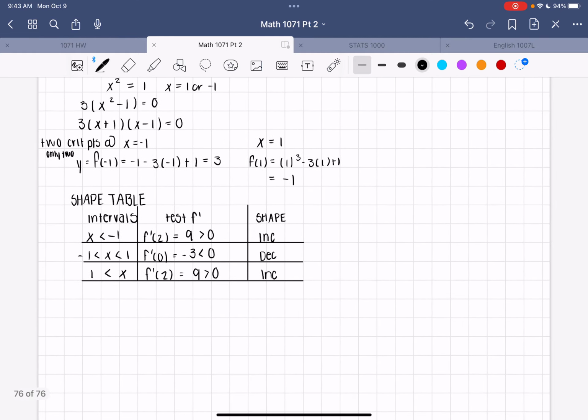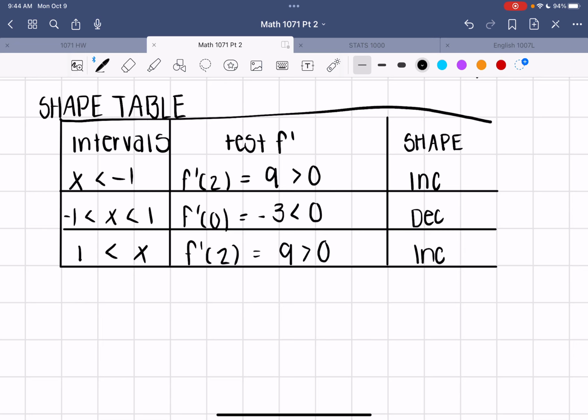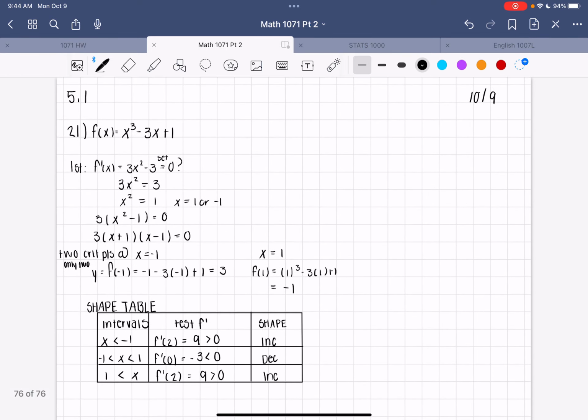So for right now, the problem: largest interval increasing, decreasing, relative max and minimum. Oh, I hadn't been saying that, but I guess it's clear. Notice that this critical point is a relative minimum.